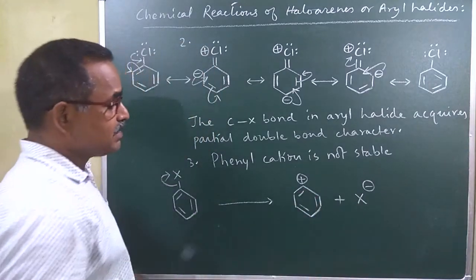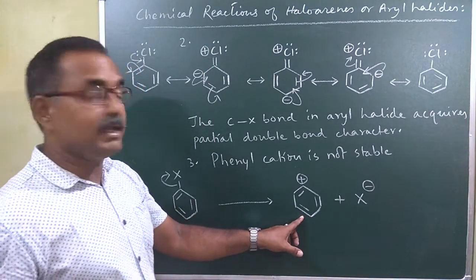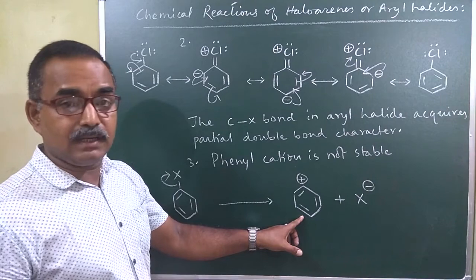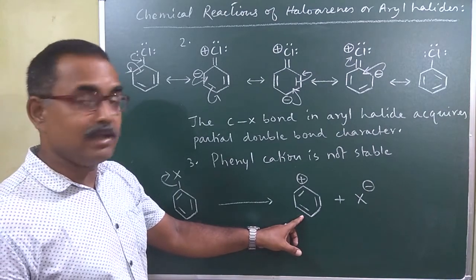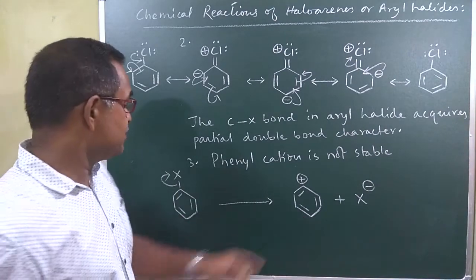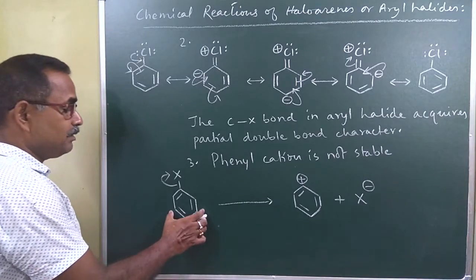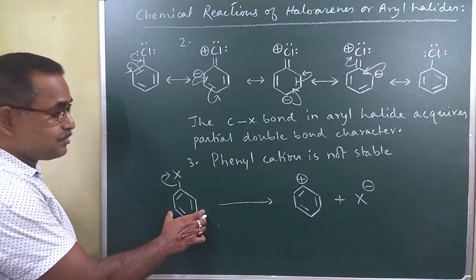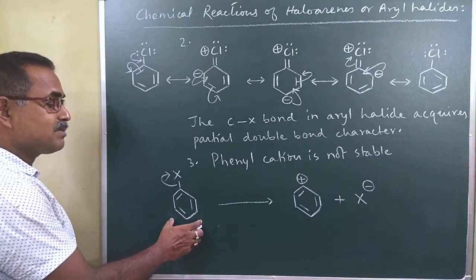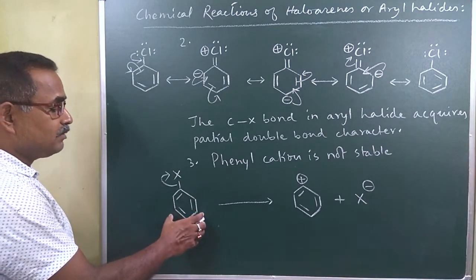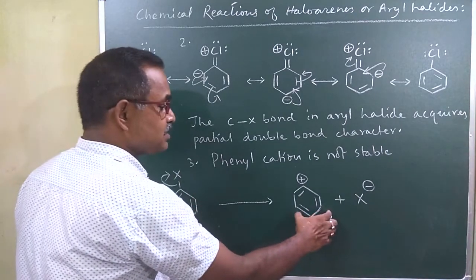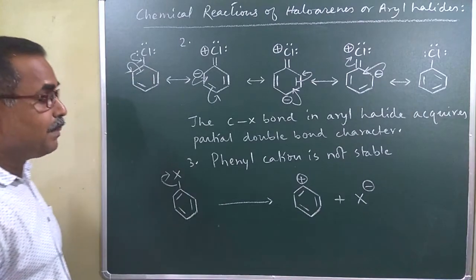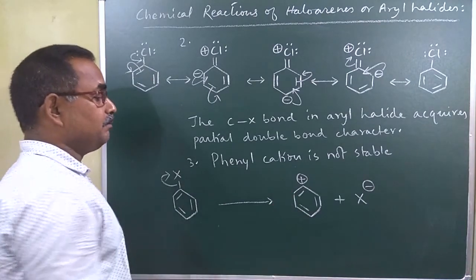This cation is called phenyl cation. Phenyl cation is not stabilized because of resonance. But the original compound, this one, is stabilized by resonance. Resonance can increase the stability. So compared to this, this species is much less stable. So it is difficult to form.